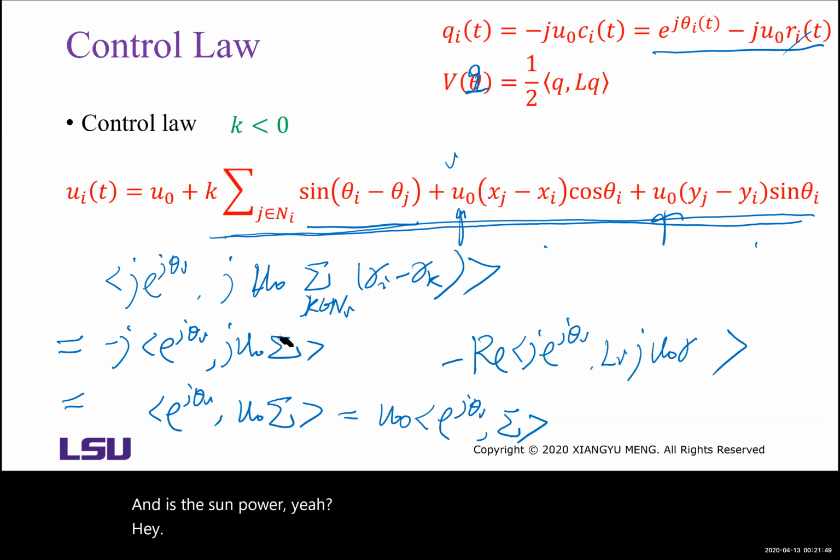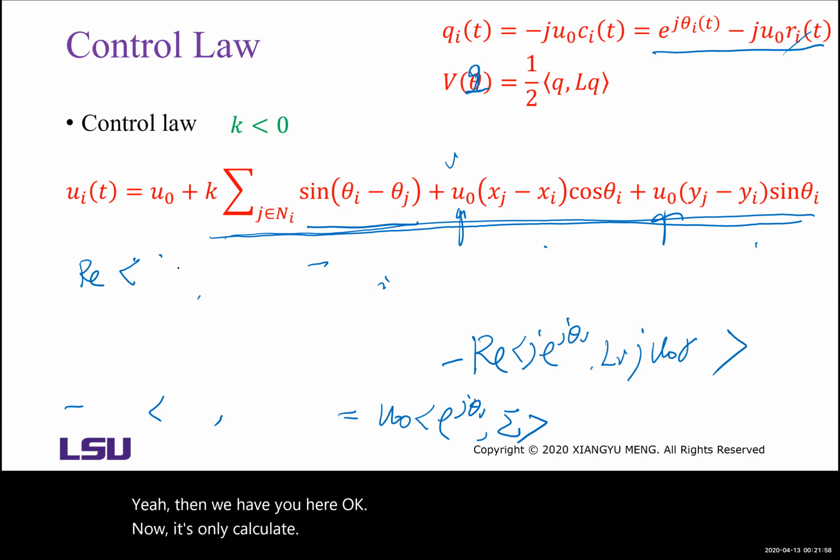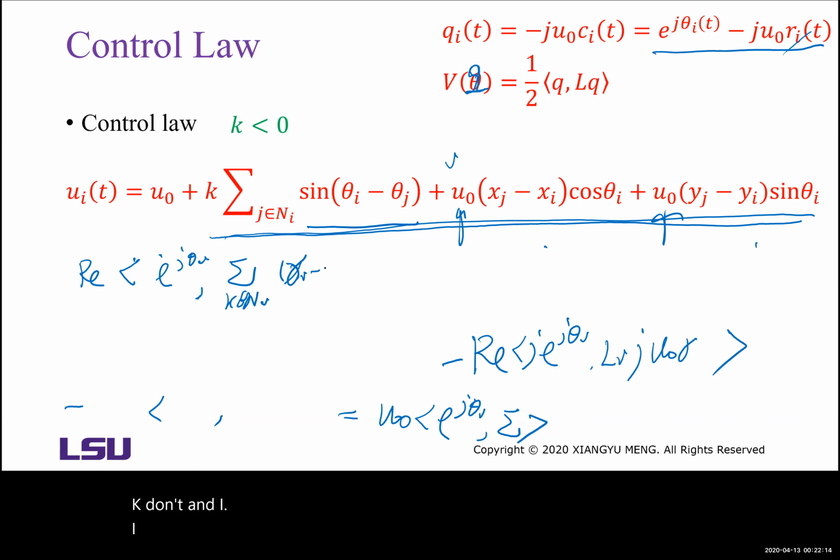Now let's only calculate the real part of exponential J theta I, then the sum over k in Ni of Ri minus Rk. We can write it in this form, the real part.